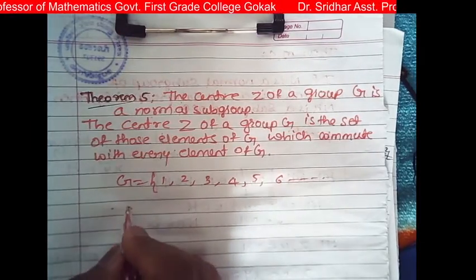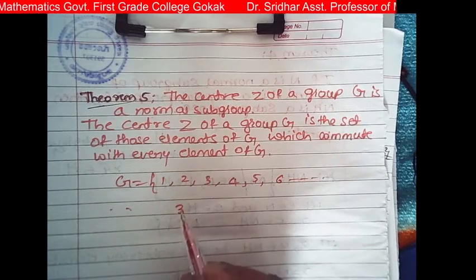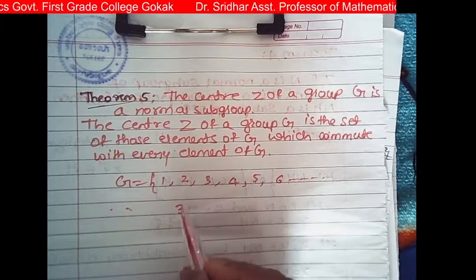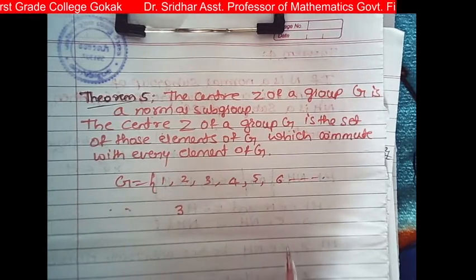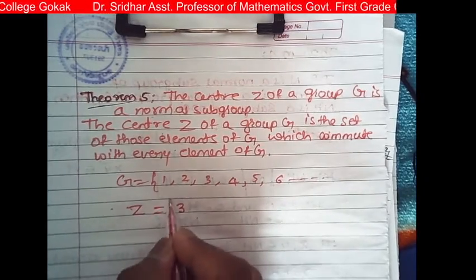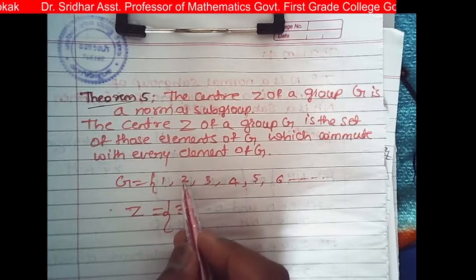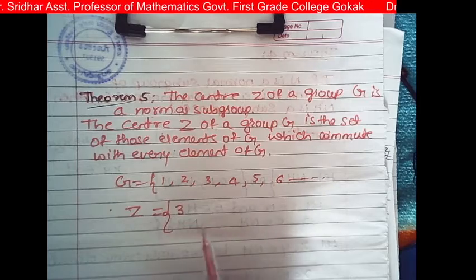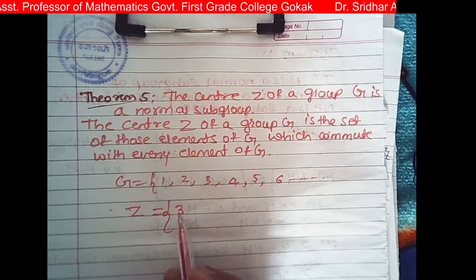Suppose if I take 3, now I commute it with 2. So 3 into 2 is equal to what? 2 into 3. If 3 into 2 is equal to 2 into 3, then Z contains that element. Both are equal to 6. So therefore Z contains the element 3.